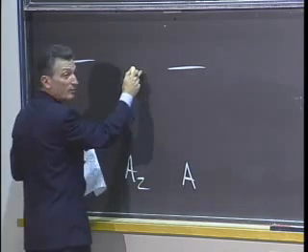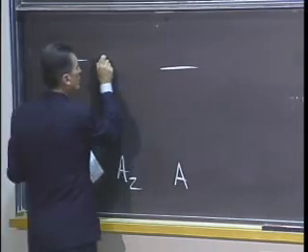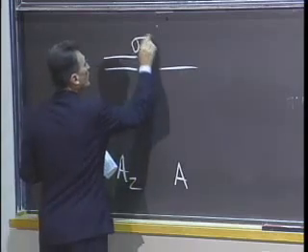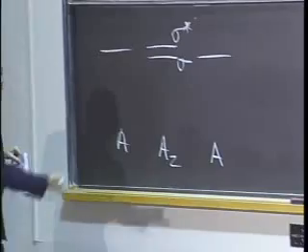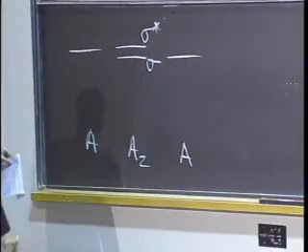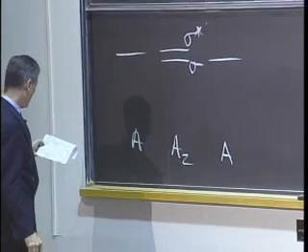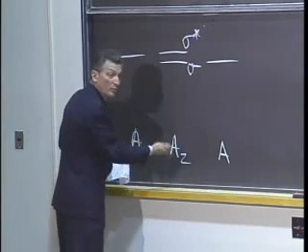Otherwise, we run the risk of having more than one electron with the same set of quantum numbers. So these will rearrange themselves into what we call anti-bonding and bonding orbitals, where anti-bonding are at slightly higher energy than the parent atomic orbital, and bonding are at slightly lower energy than the parent orbital. So this is A2.